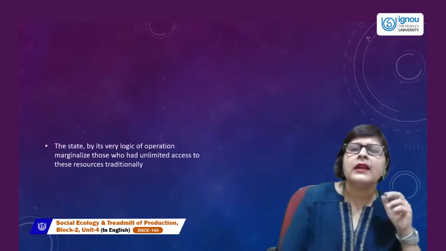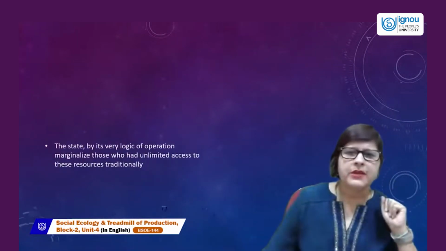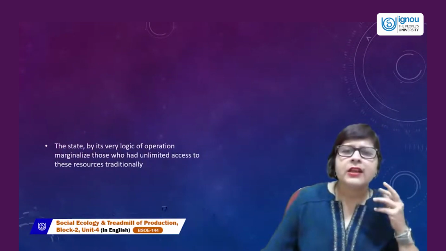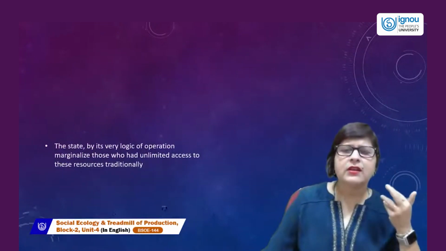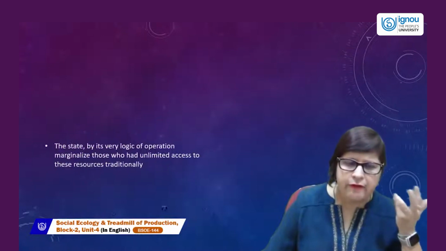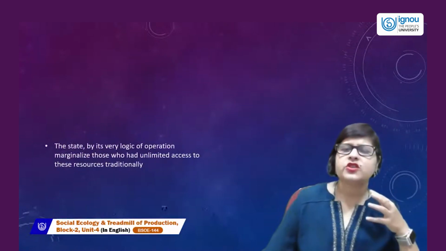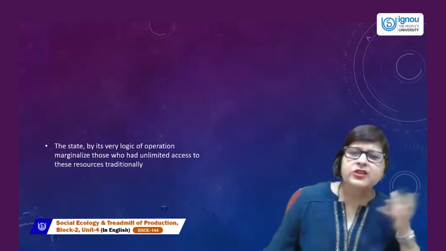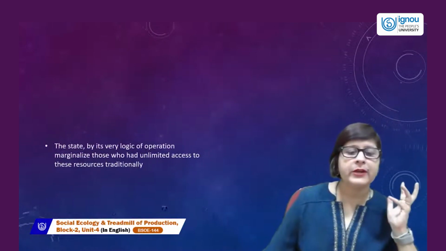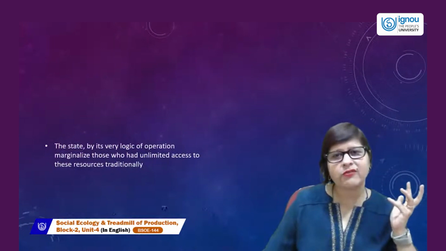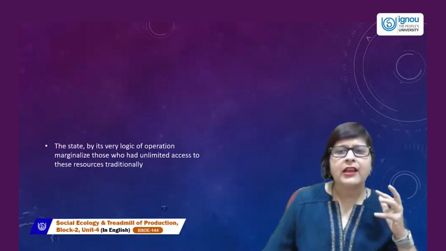And the next concern about the environment is that in the name of industrialization, in the name of development or economic growth, the state marginalized those who traditionally had unlimited access to these resources, right?